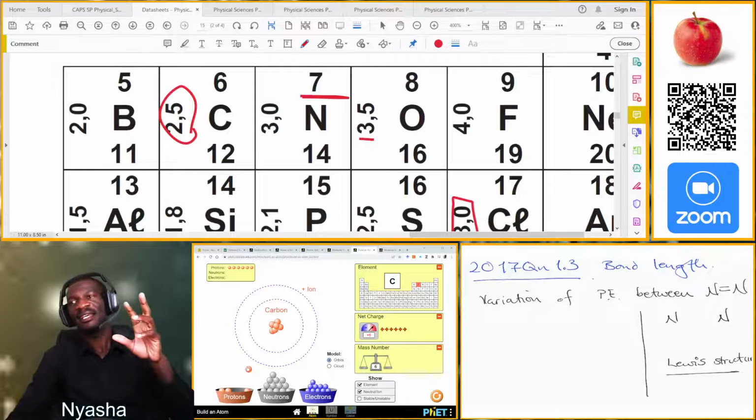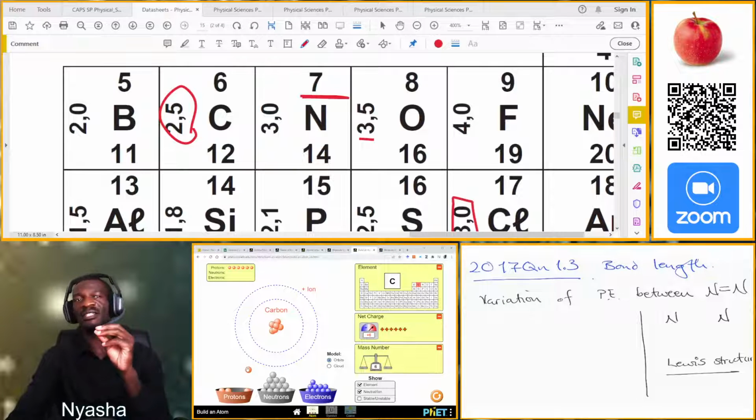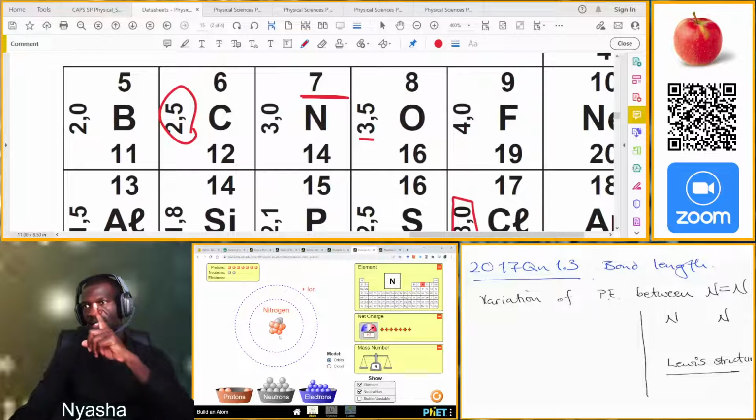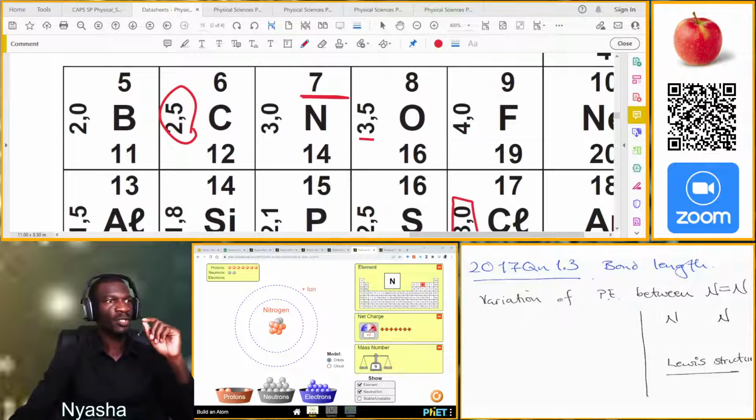Can you see the name of the element immediately pops up, because the proton number is the identifier. Then we can put our neutrons. So we're putting in 7 neutrons, because it's 14 on the periodic table. Since we've already put 7 protons, we're putting 7 neutrons.